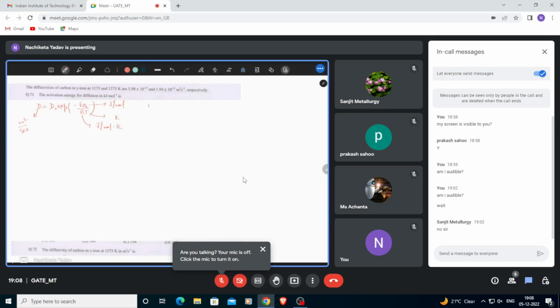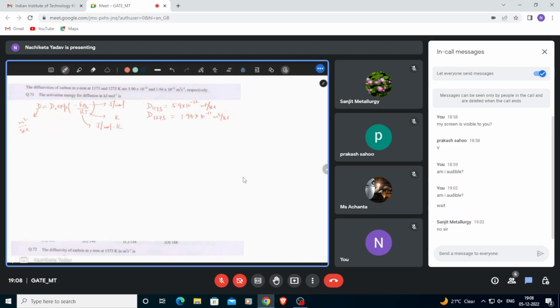So D at 1173 is 5.9 into 10 to the power of minus 12 meter square per second, and similarly it is given for 1273 Kelvin: 1.94 into 10 to the power of minus 11 meter square per second.